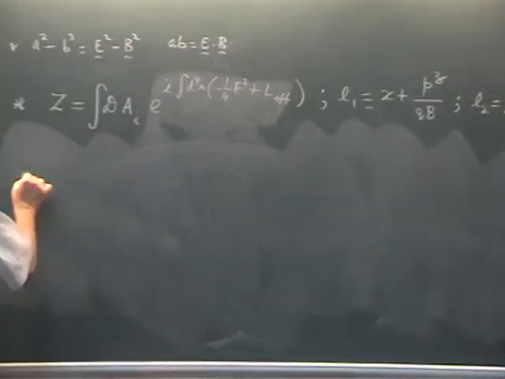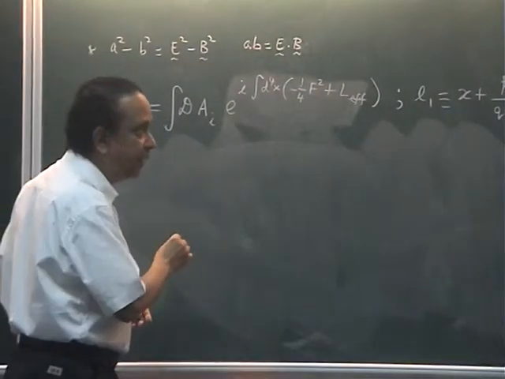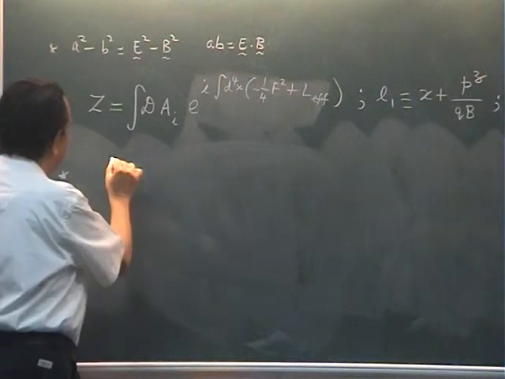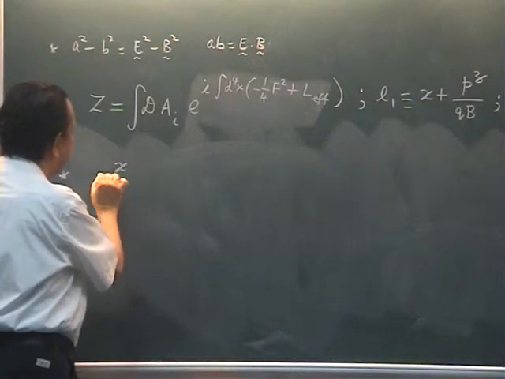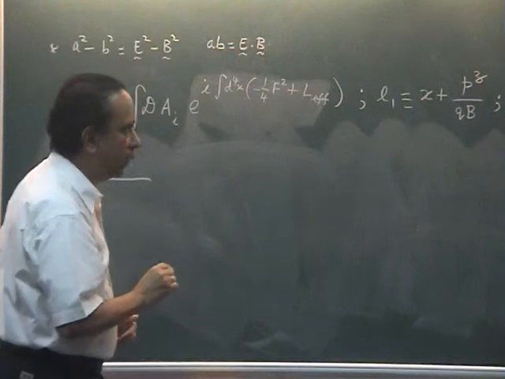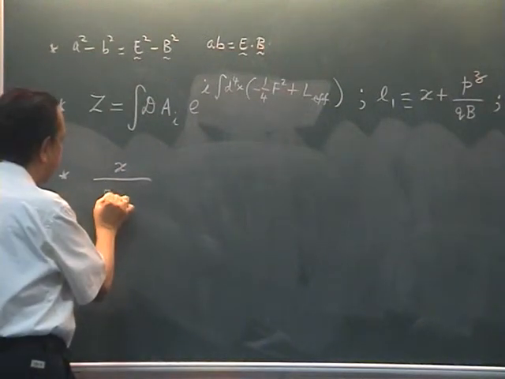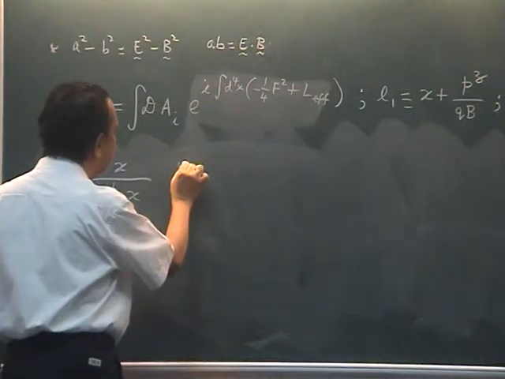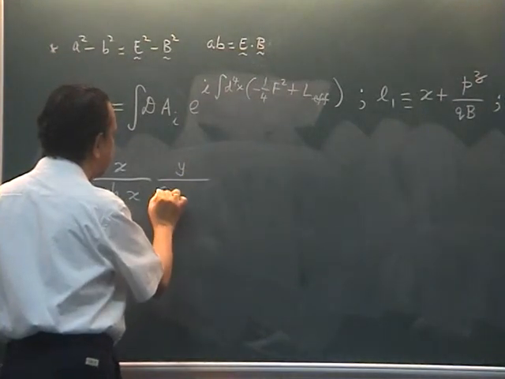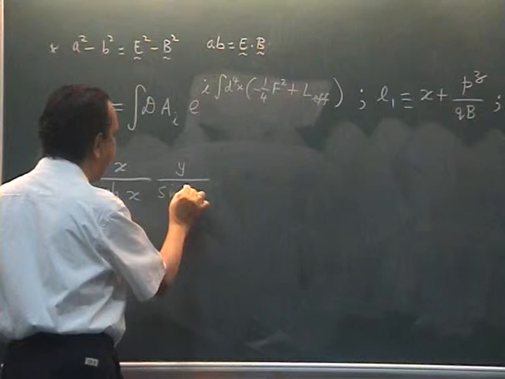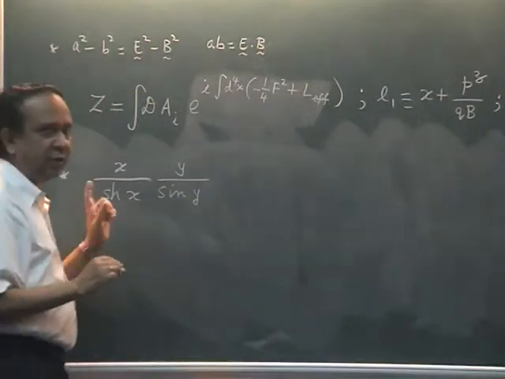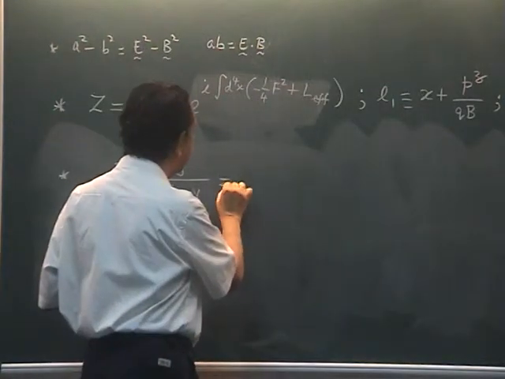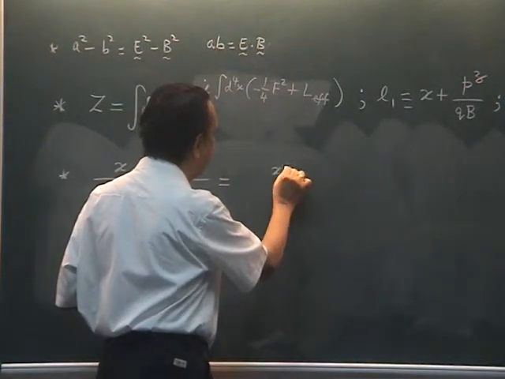So what we have there is something like, let us see, the electric field, let me call that part x. So it is x over sinh of x into y over sin y. Okay, we want to study this near the origin. So this is going to be xy.